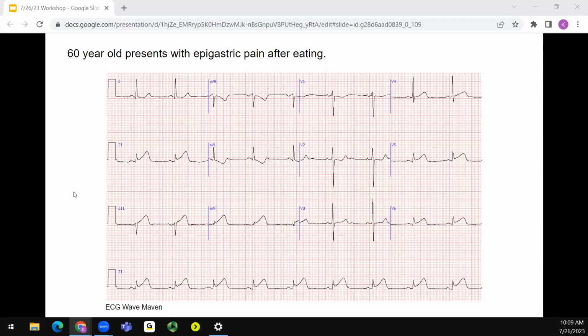So 2, 3, AVF elevations. Anything else? So AVL depression is probably reciprocal to these 2, 3 leads. What else?